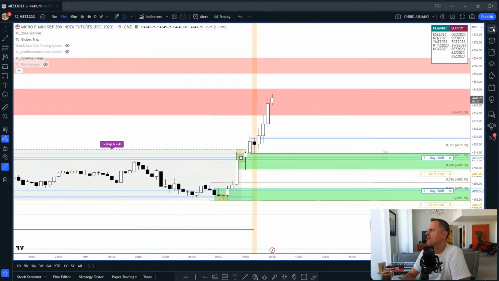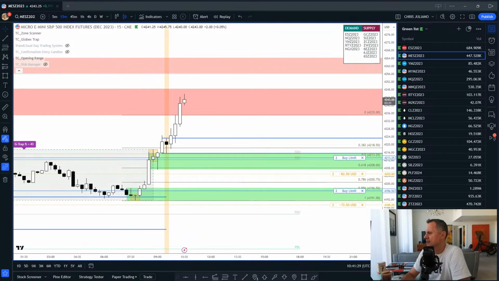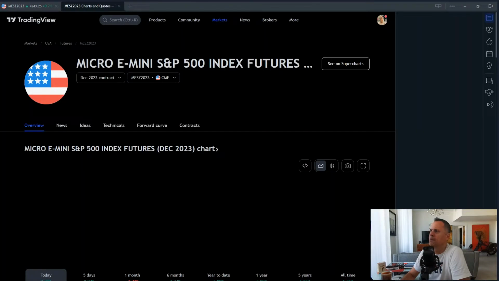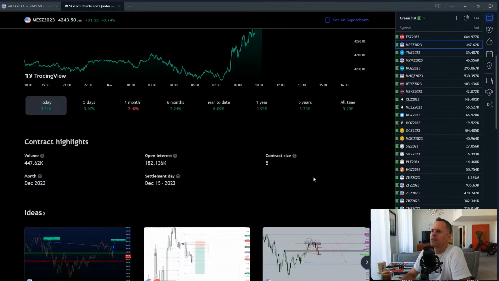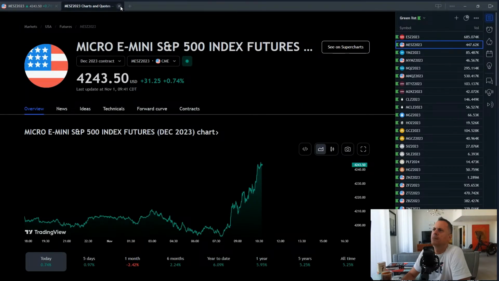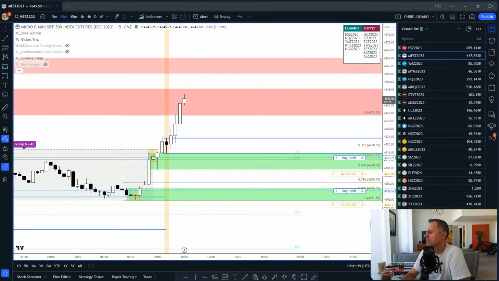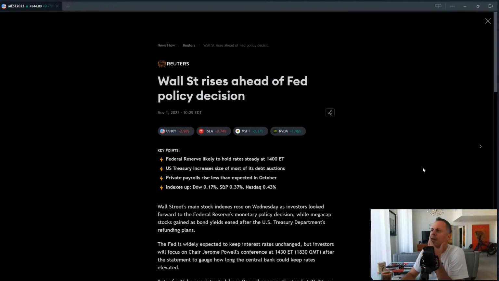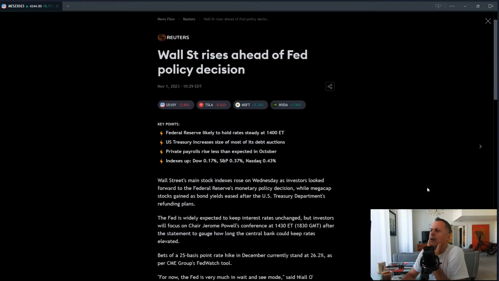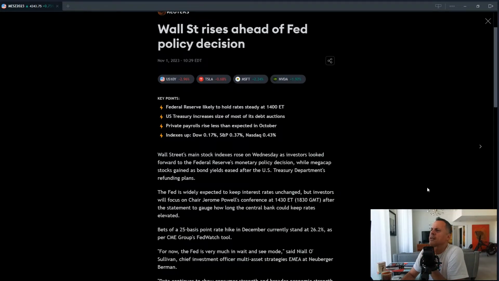What's the news? Is there any news on forward curve? 11 minutes ago: Wall Street rises ahead of Fed policy. Federal Reserve likely to hold rates steady.